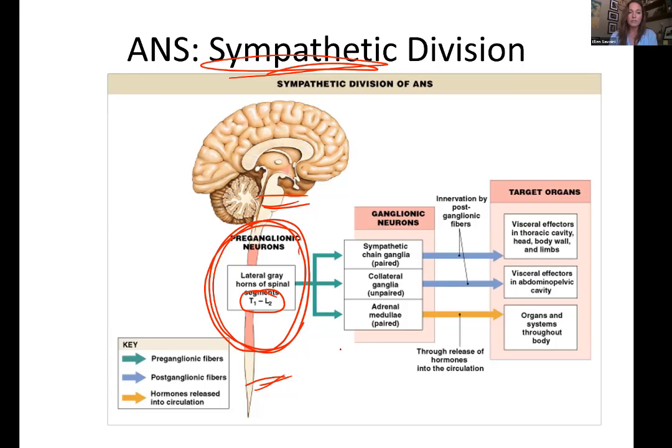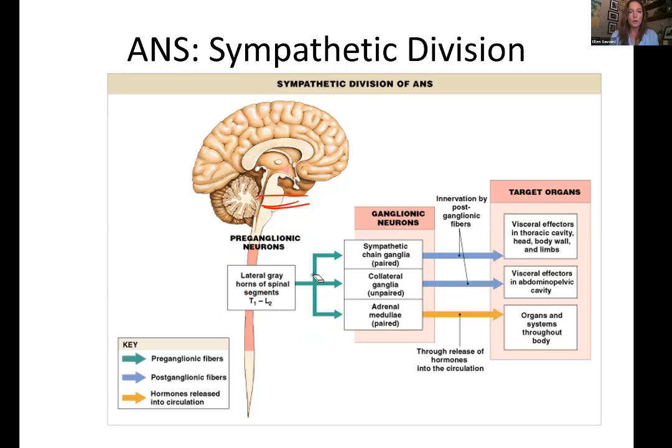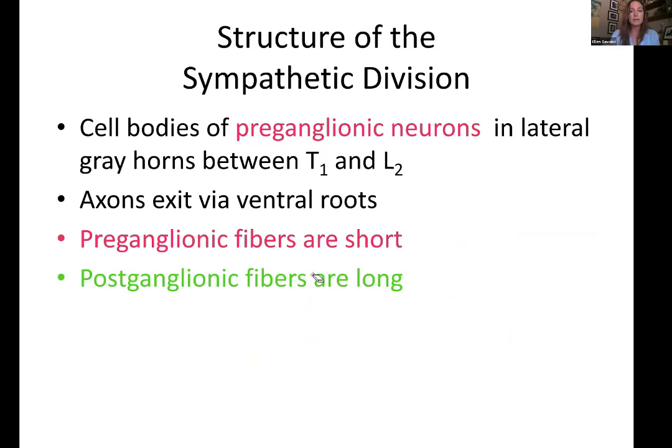The sympathetic ones, and then we have the chain ganglia, which I'll show a picture in a moment. This is opposite to parasympathetic, which is actually coming from some cranial nerves or sacral. So our two parts of our autonomic nervous system don't even come off of the spinal cord at the same place. So I want you to know that the sympathetic nervous system is mainly known as thoracolumbar, which means it's coming from thoracic and lumbar spinal nerves.